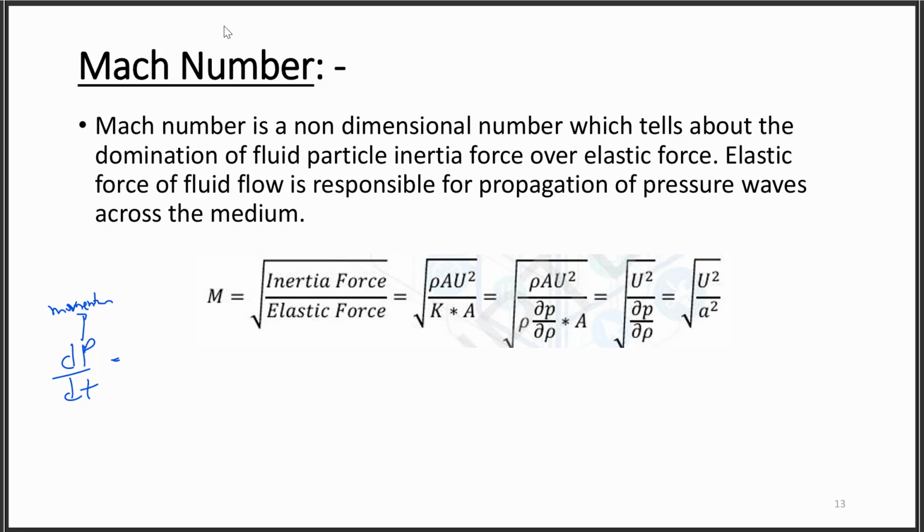And this mass is nothing but density into volume, and as this mass is changing, you can write it as rho u square, whatever velocity you take, because mass is changing.